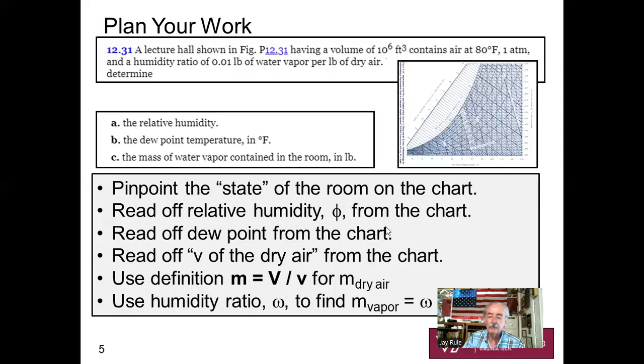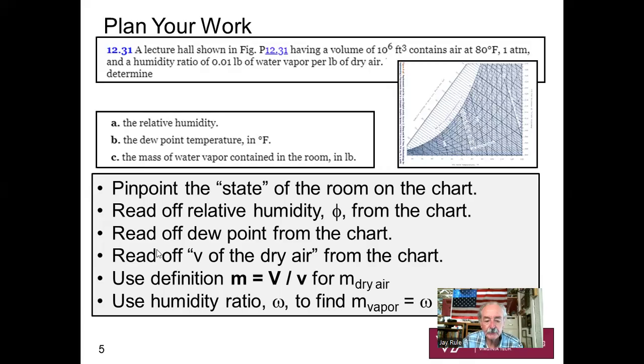What does the dew point do for you? Well, that tells you that if your mixture cools down, at what temperature will water start to form? In other words, if you're out on the golf course, at what point would dew start forming on the grass as your atmospheric mixture cools down?